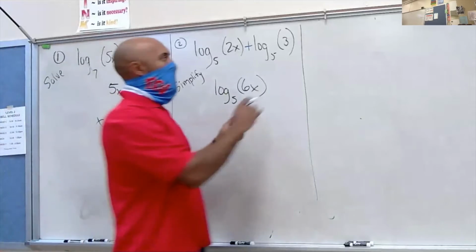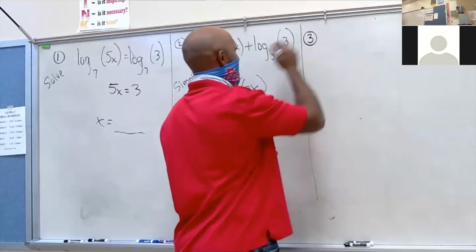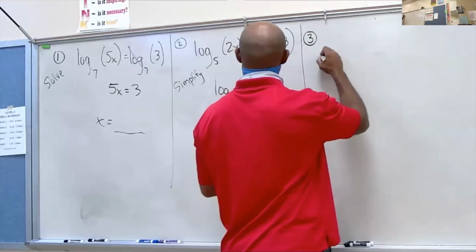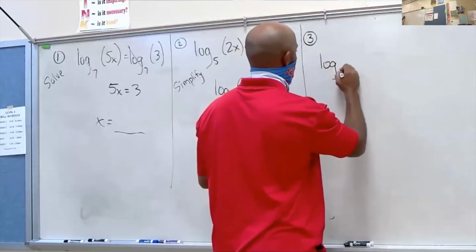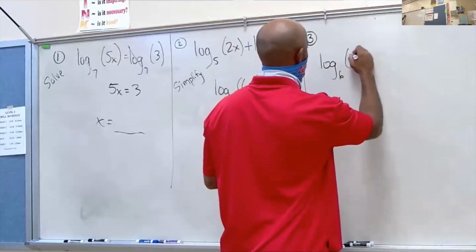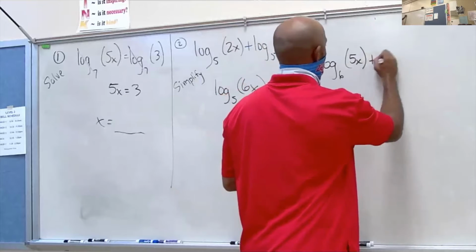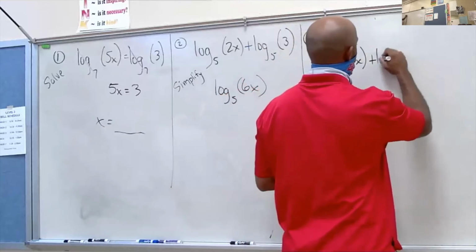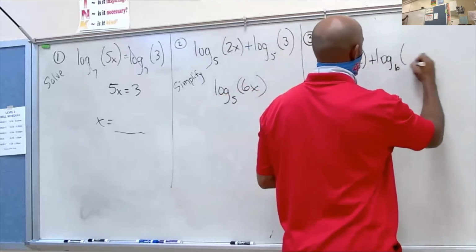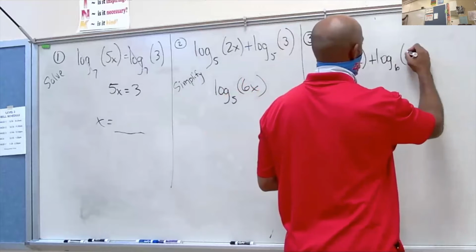All right, so now let's put those two ideas together. So let's say I got log base 6 of 5x plus log base 6 of, let's say, I don't know, 2.